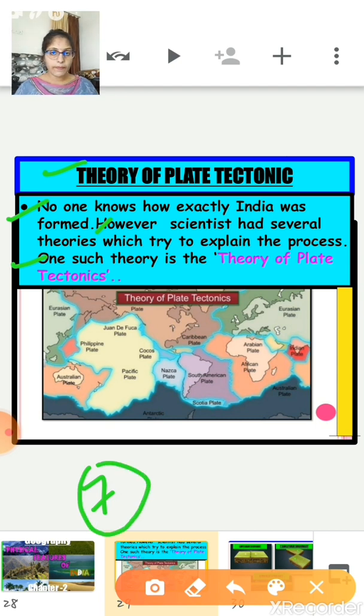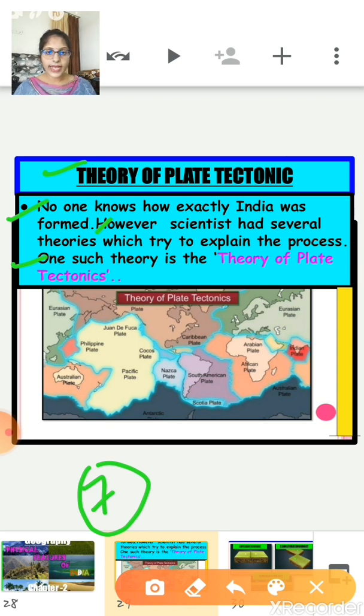Now these plates move slowly, and when these plates collide with each other or move away from each other, a huge stress builds up in the continental crust, and this leads to folding, faulting and volcanic eruption.